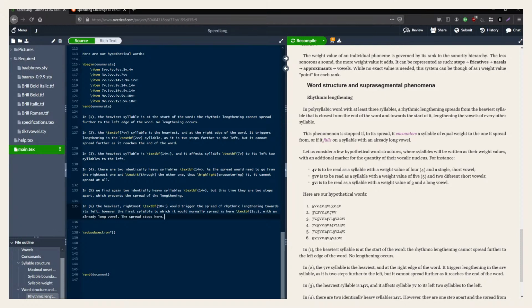Stops here. And 9V is unaffected as well.